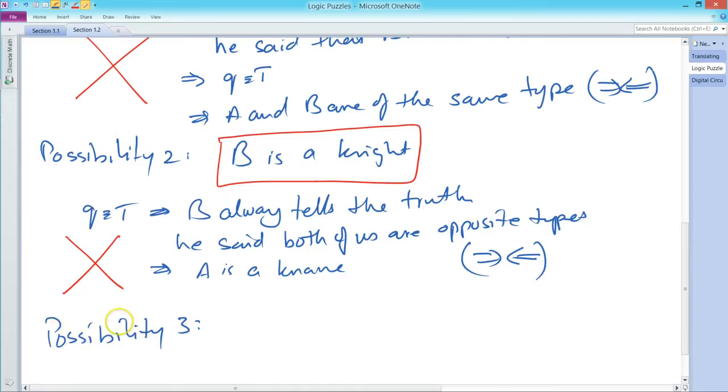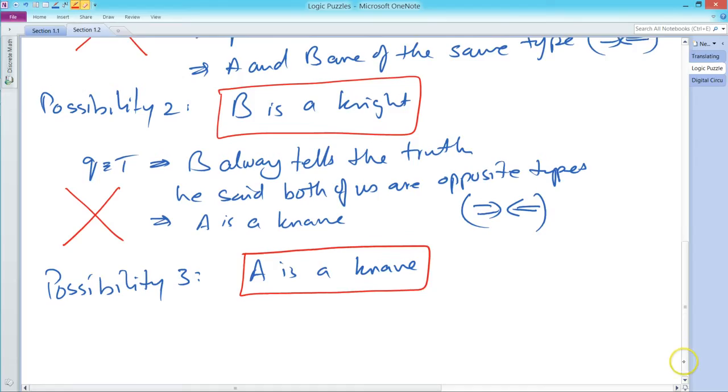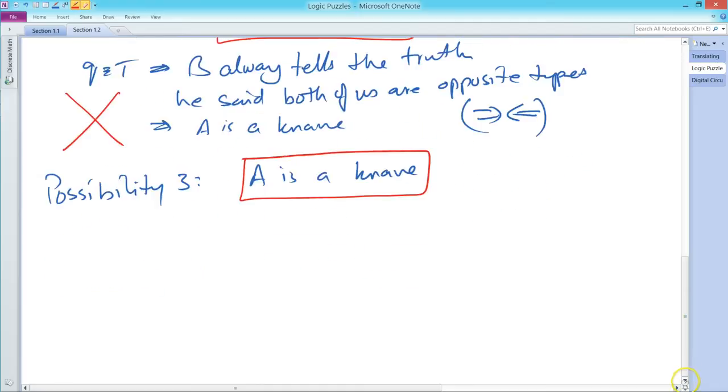Possibility 3, I'm going to assume that A is a knave. And let me highlight this possibility, and let's see whether this identifies A and B correctly.